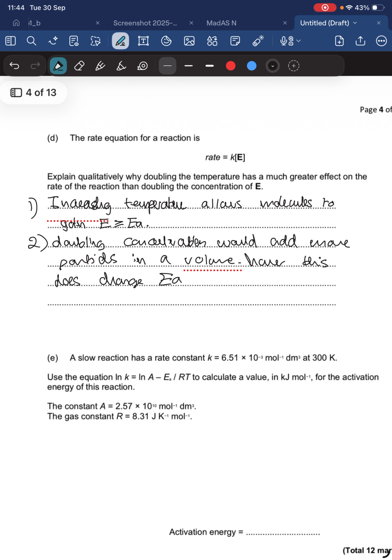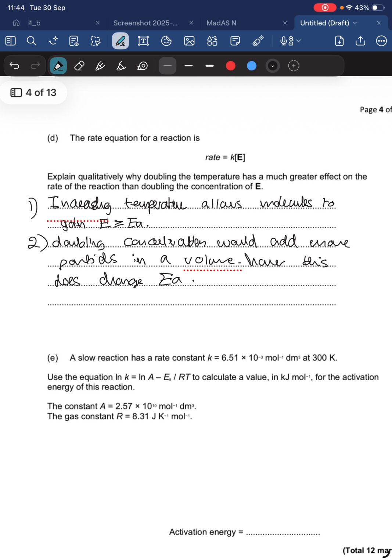So what you're doing is basically doubling the concentration, but the concentration wouldn't have as strong an effect. Sure, it will have an effect. Particles are more likely to collide, but it won't have as great an effect because they won't have the minimum energy required. Whereas temperature causes most molecules to achieve that minimum energy required to successfully collide and form a product.